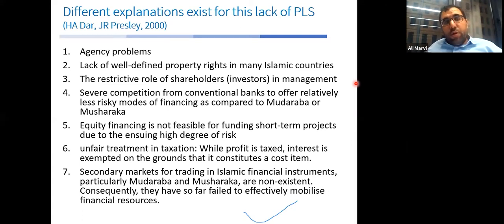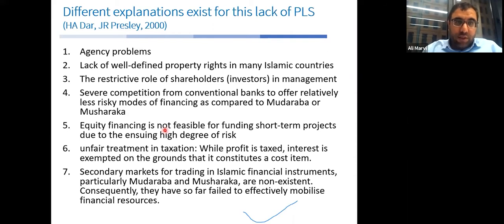And because the investors do not play any role in the management of the bank, in the management structure of the bank, that's the other reason why these PLS contracts could not be successfully operated in practice, actually.